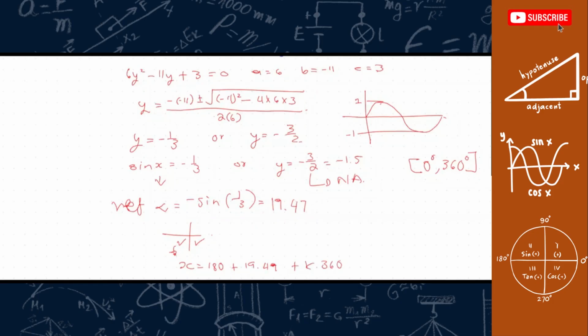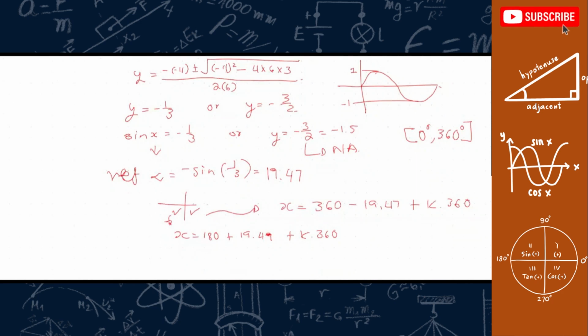Just so we're clear. And then here we'll have x is equal to 360 minus 19.47 plus k360. So what you're going to do is change the value of k. You can have k is equal to 0, I think, would make a good answer on both of them.